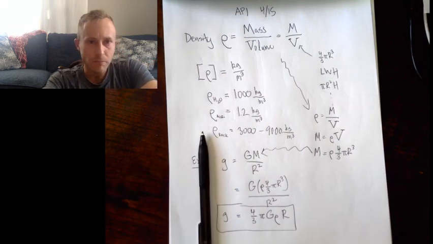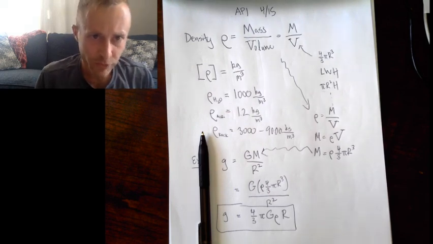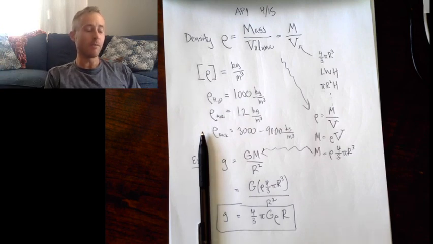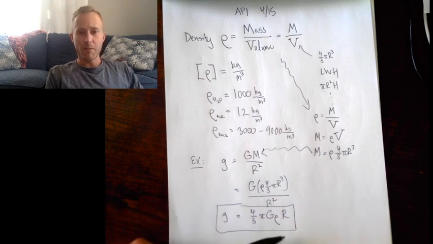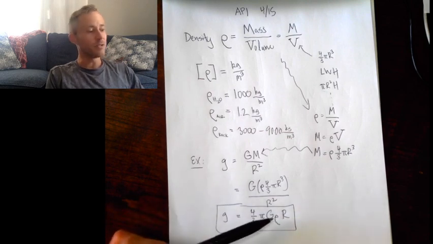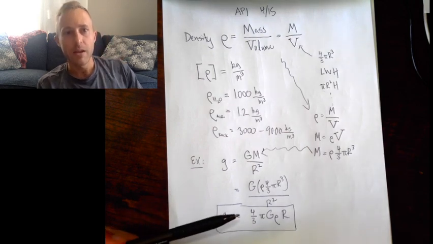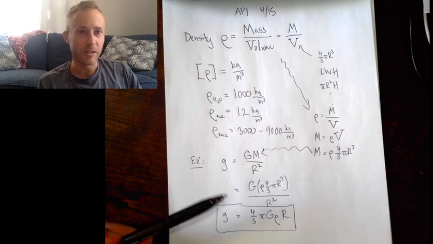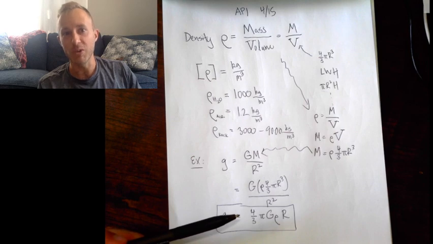I read an interesting article which said that if the Earth were any bigger than it is currently, you would have a bigger R value for the Earth, which means that gravity would be greater than 10 meters per second squared. And if gravity was greater than 10 meters per second squared, it would mean that a lot of things would be more difficult for us.